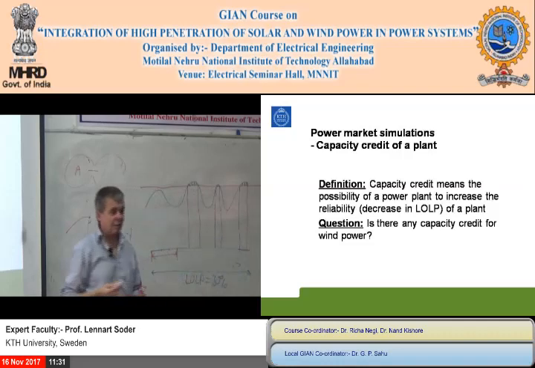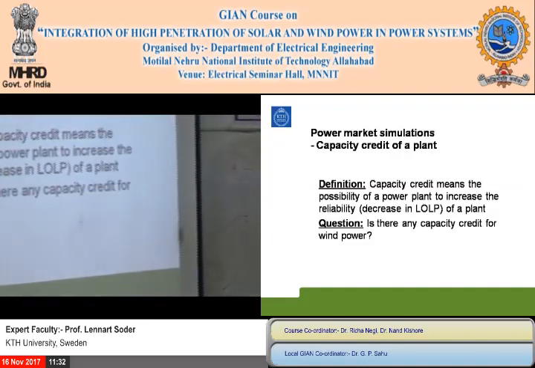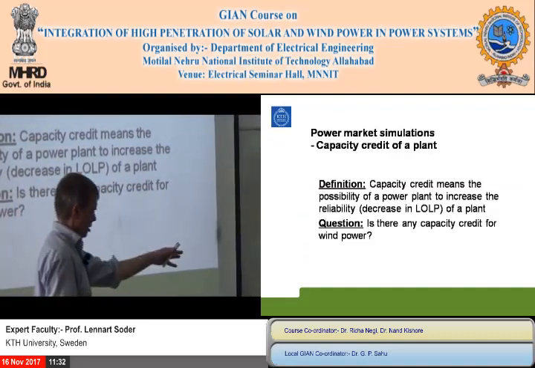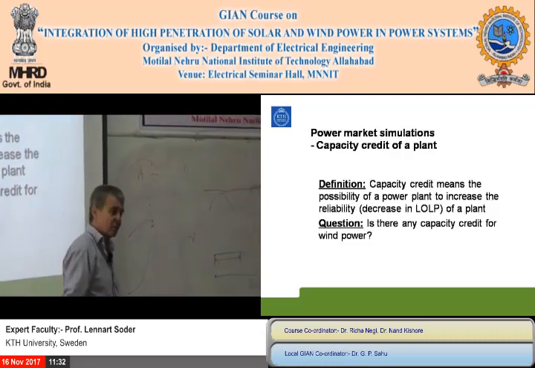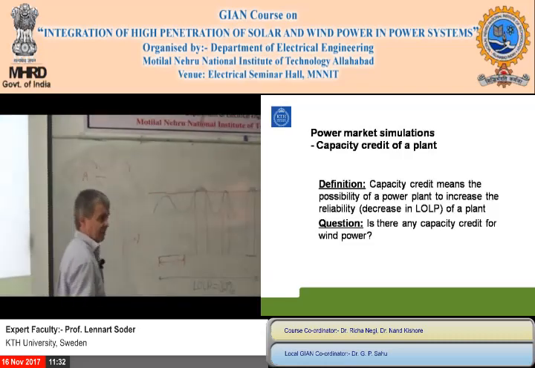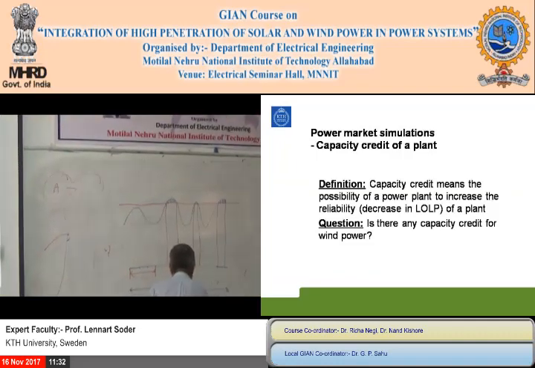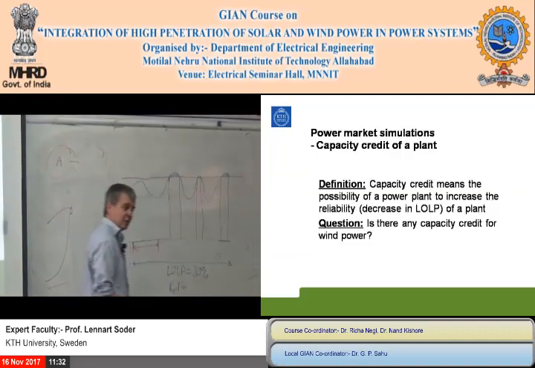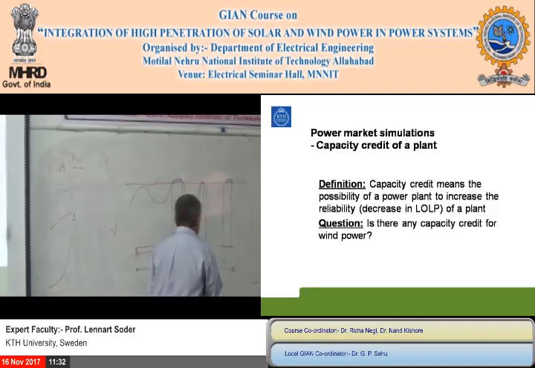So you have to really try to understand when we are talking about power system reliability what we are talking about. LOLP, because people say that this is an extremely bad power system. Your reliability is only 70%. Because during 30% of the time, you have an outage. Your reliability is 70%.